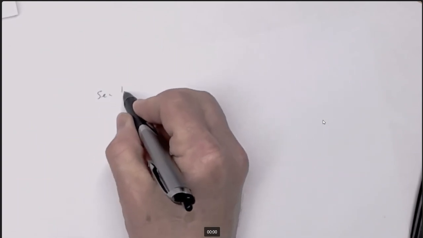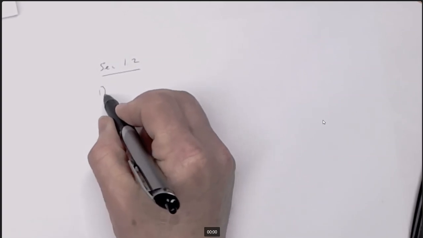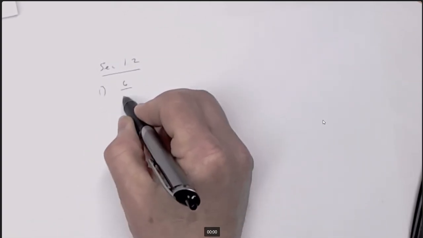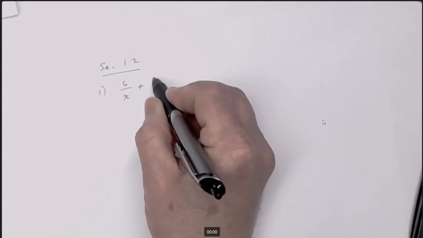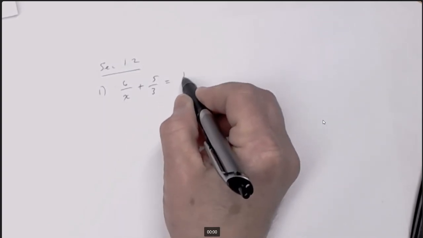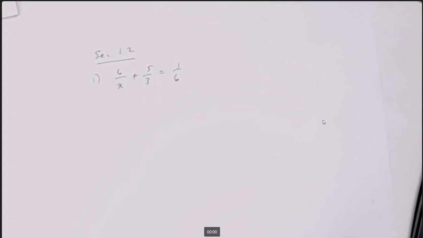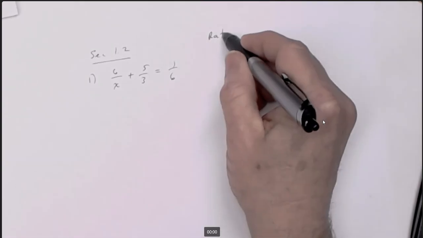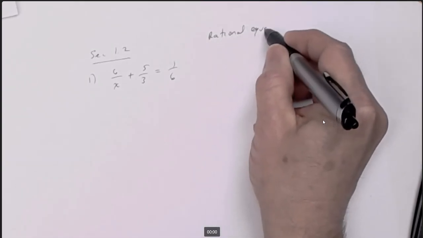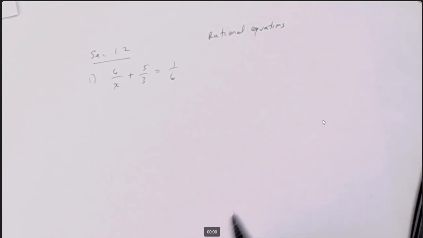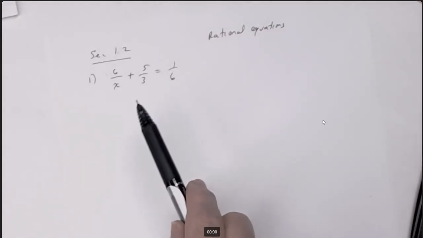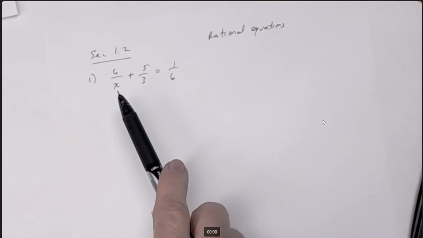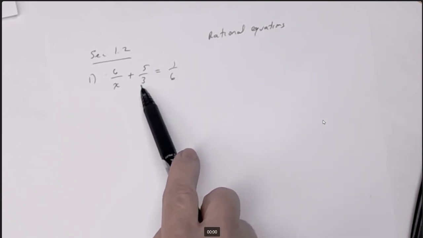If we have something like number 1, we have 6 divided by x plus 5 divided by 3 equal 1 divided by 6. You want to solve this equation. Notice that, by the way, these are called rational equations. The reason they're called rational equations is because if you look at the denominator, this denominator is a number, this denominator is a number, but this one contains a variable.